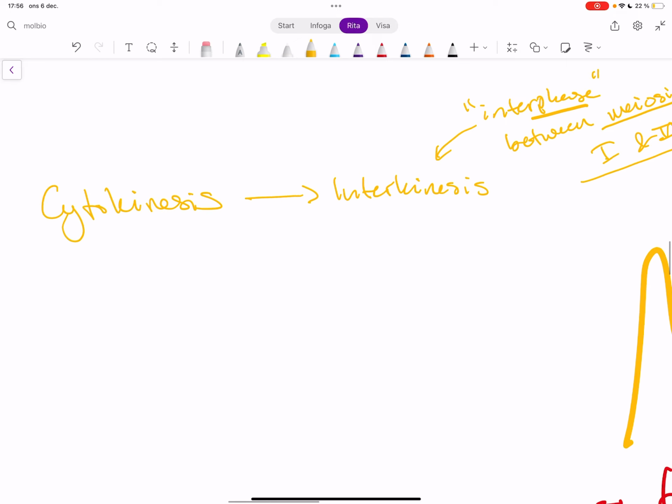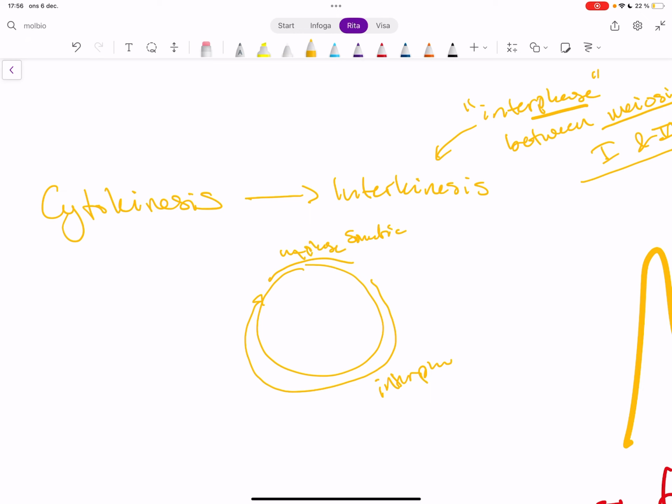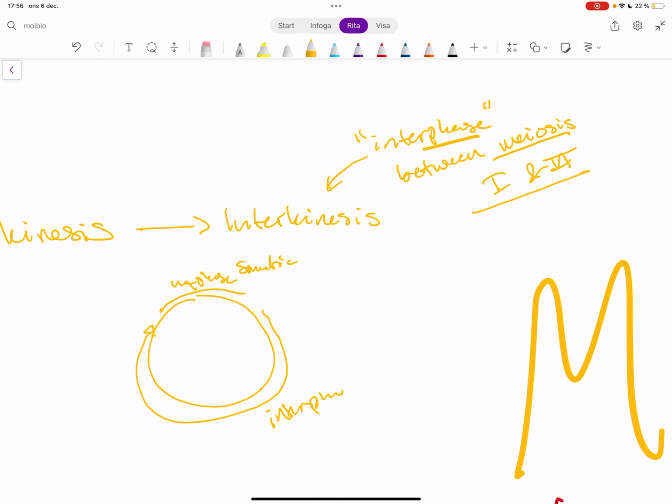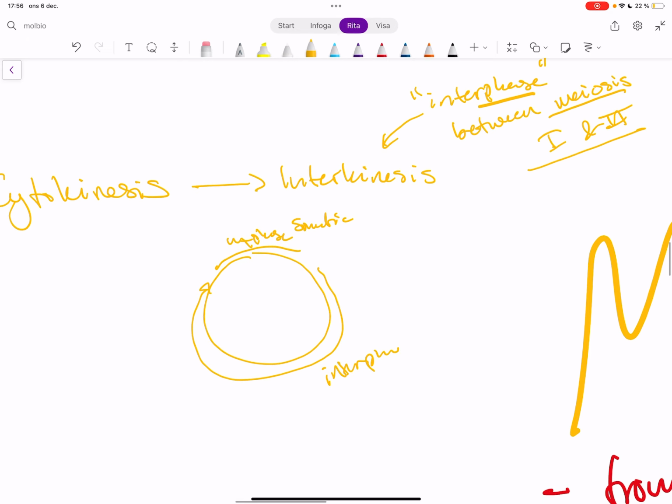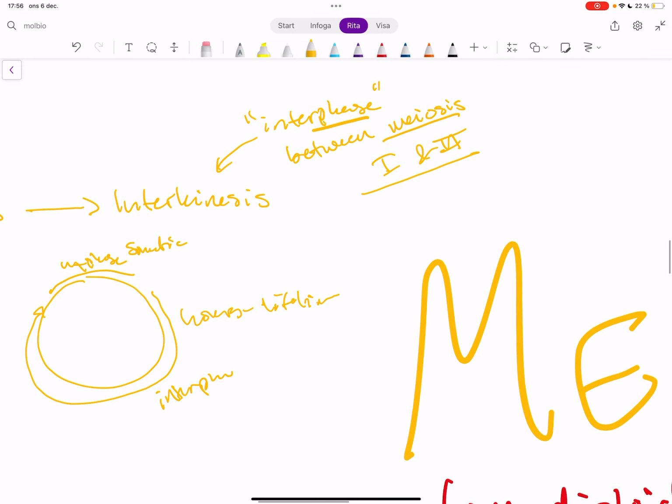It's important to know that interphase is the longest phase in a cell's lifetime, in a somatic cell, let's say, because interphase will be all this time, and then you will have the M phase, and that's it. But the interphase between meiosis 1 and 2 is really short, because after meiosis 1, meiosis 2 will happen.